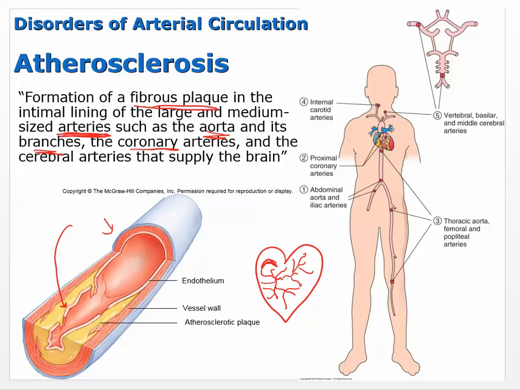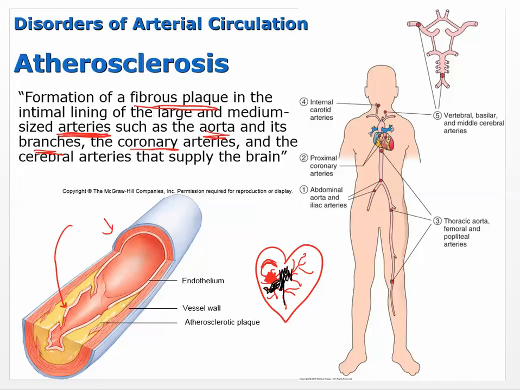And so if you have a blockage in those coronary arteries, that's what causes a heart attack. So all of the rest of that tissue that was being fed by that can die. So then you can have necrotic tissue. Atherosclerosis affects those, and that's really where people have a heart attack.